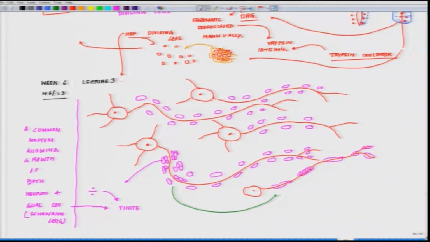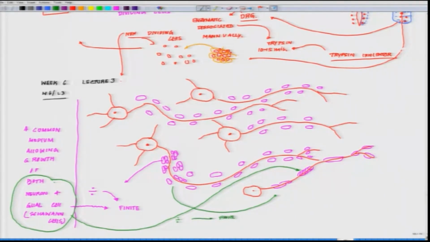But then one has to ensure that these cells, in order to achieve their biological role of forming the myelination, where they have to divide, divide in a finite way. Why does it have to be finite? Because otherwise this is going to completely cover the dish.